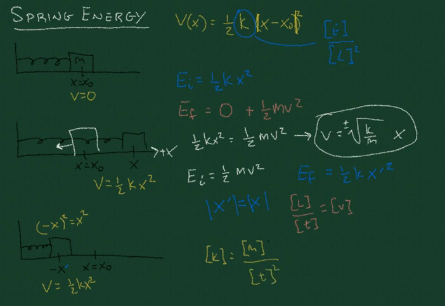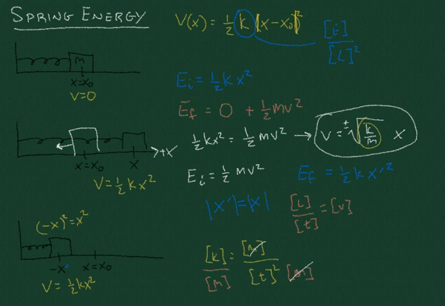Then if you look back to this formula, we have k over m. So k over m is giving us units where we have a mass on the bottom, so our masses cancel out, and because x has units of length, v does have units of length over time.